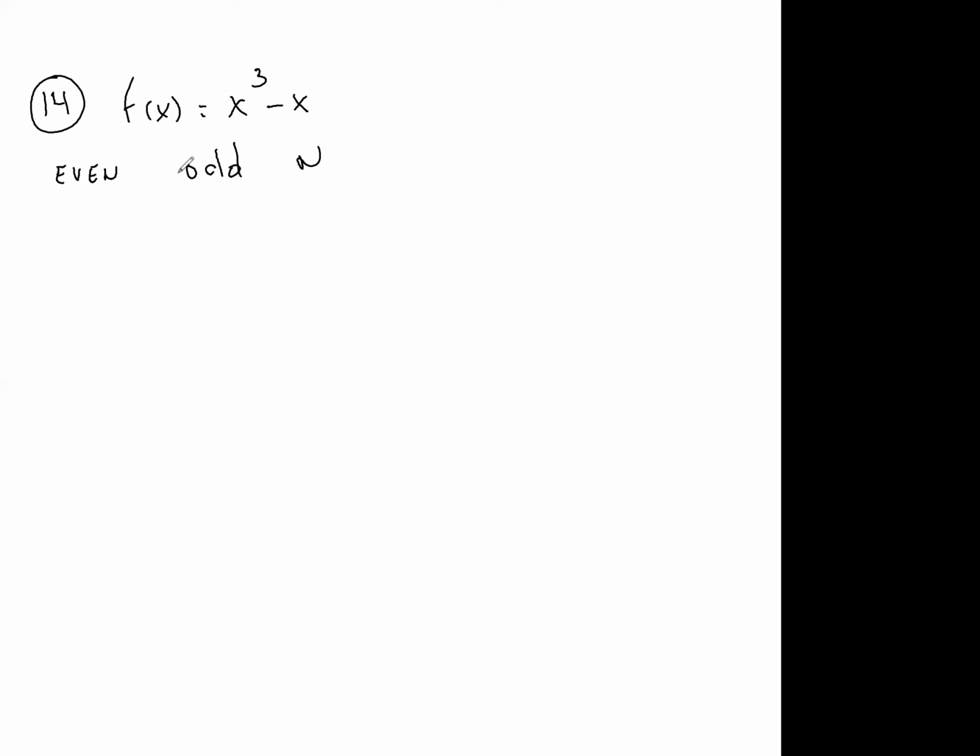If I start with even, I have to use negative x and positive x. I need to prove that the left side is equal to the right side. If the left side is equal to the right side, I can say yes, it's even.